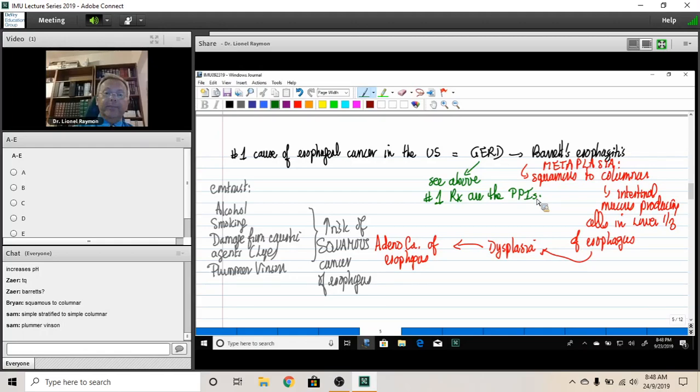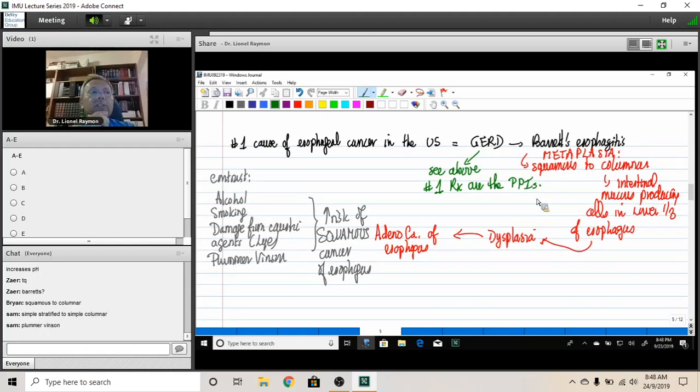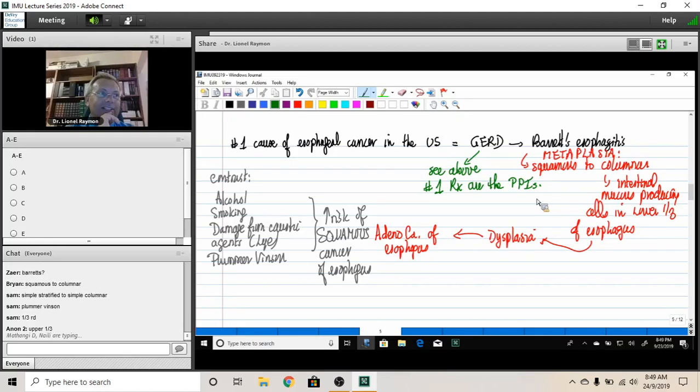Now, tell me, issues of dysmotility in the esophagus. Which portion of the esophagus is striated skeletal muscle, regular skeletal muscle, not smooth muscle? Just checking. Okay, third where? Ah, okay, Anand. The upper third, the beginning portion, essentially.